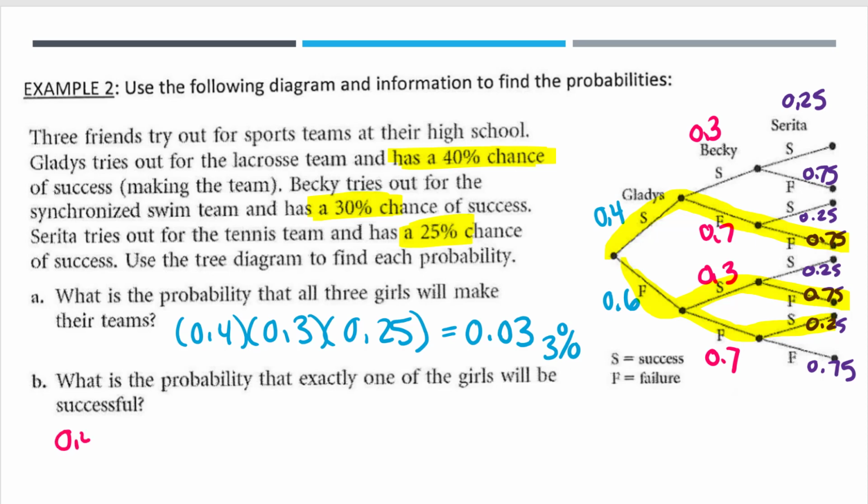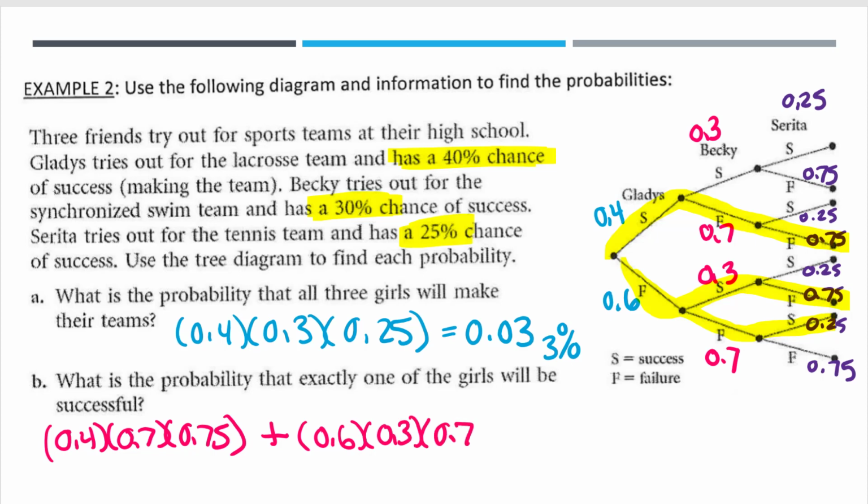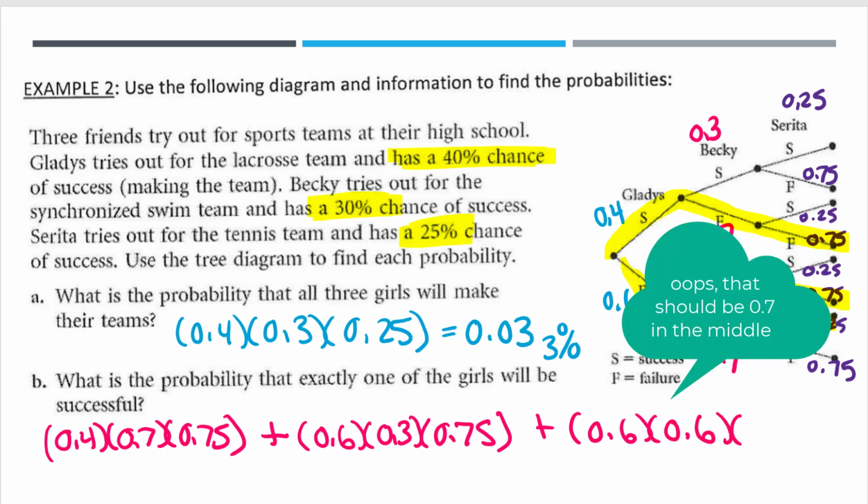So 0.4 times 0.7 times 0.75, and then we add it to the next 0.6 times 0.3 times 0.75, and 0.6 times 0.6 times 0.25.